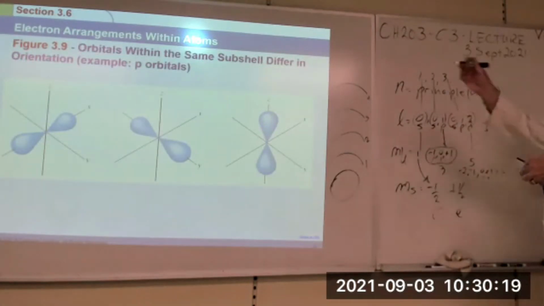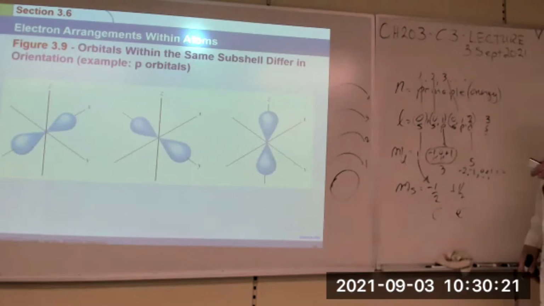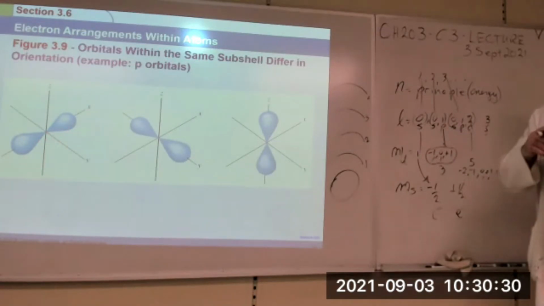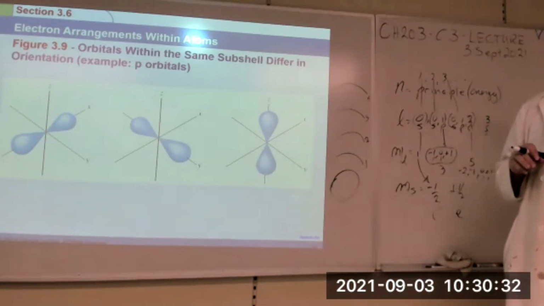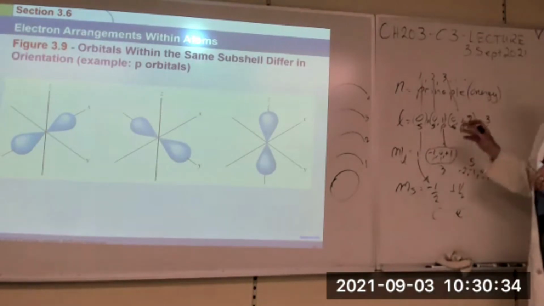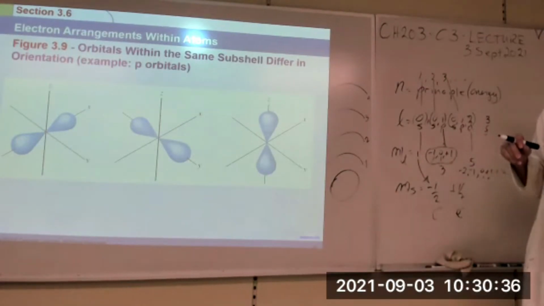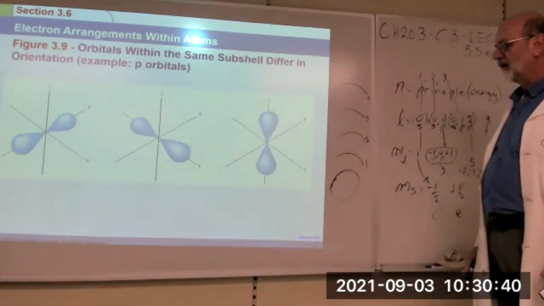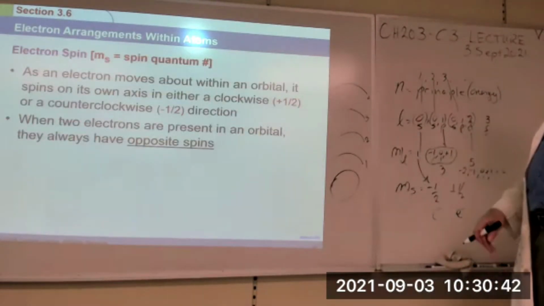Okay, that's what I was saying earlier about X, Y, and Z axes. This is the easiest one to understand because it's a really simple dumbbell shape, and you have 3 possible axes it can orient. The D's and the F's get a little squirrely, and you have to approach those mathematically, which we're not going to do.